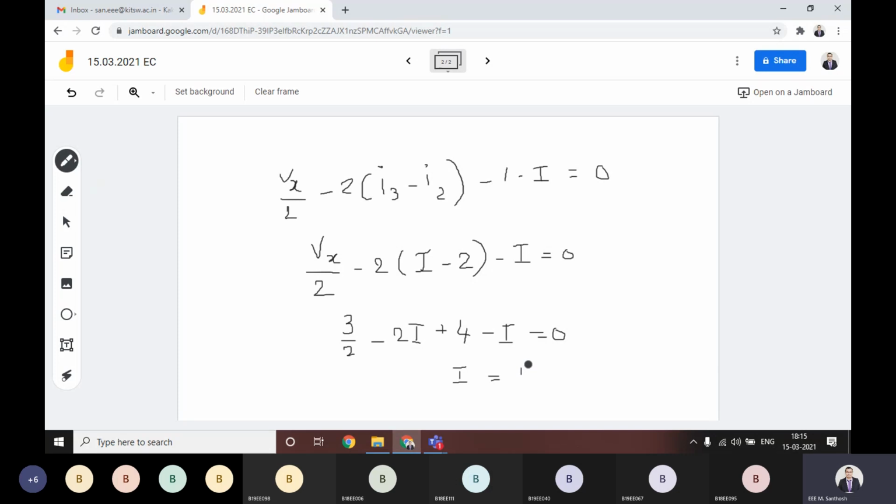That is equal to 1.833, which is 11 by 6 amperes. It is also equal to 1.83. This is the correct answer.